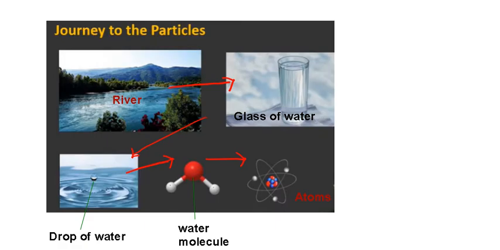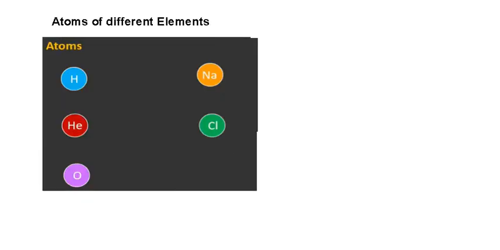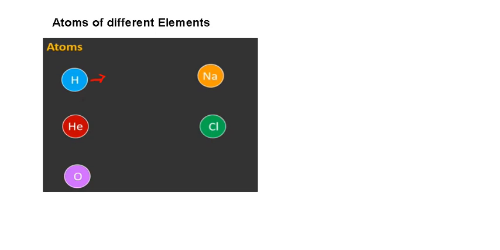All right, so let's look at atoms of different elements. Here we have the hydrogen atom. This is the helium atom. This is the oxygen atom.